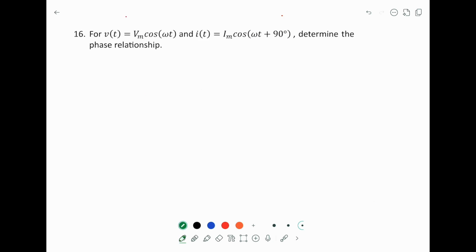The voltage is V maximum cosine omega t. And remember, this angle omega t is in radian. The current is I maximum cosine omega t plus 90 degrees. Again, this is in radian, but in engineering, it is allowed to write this angle in degrees.